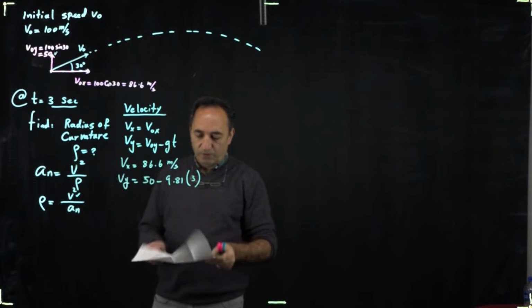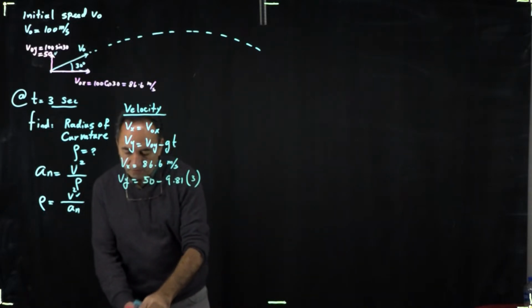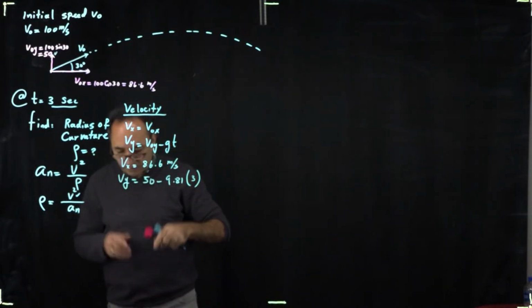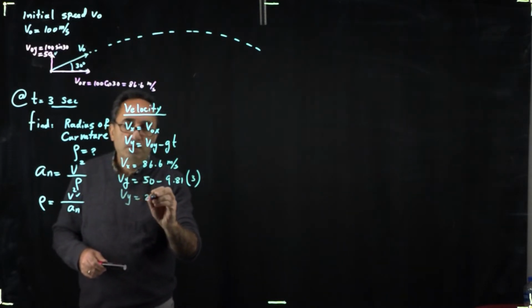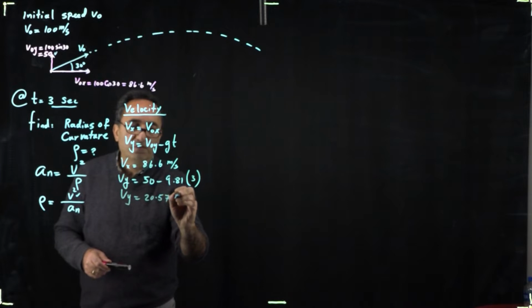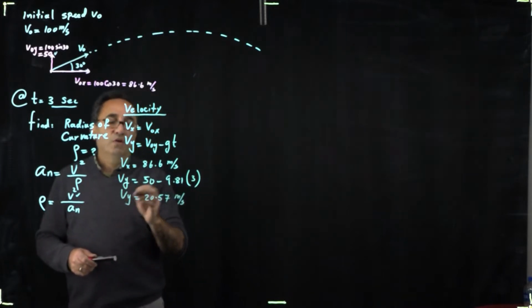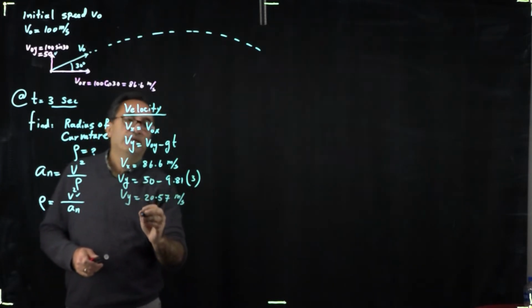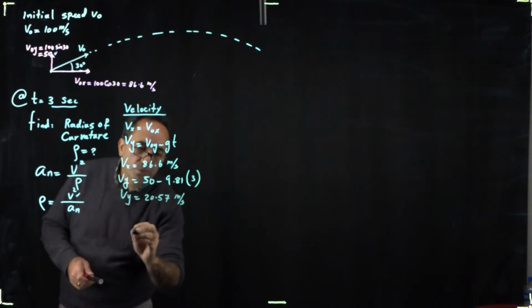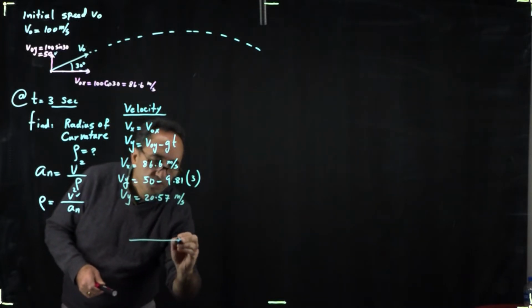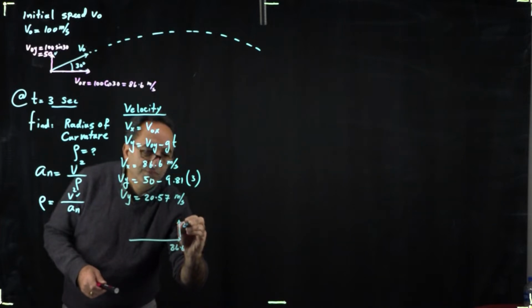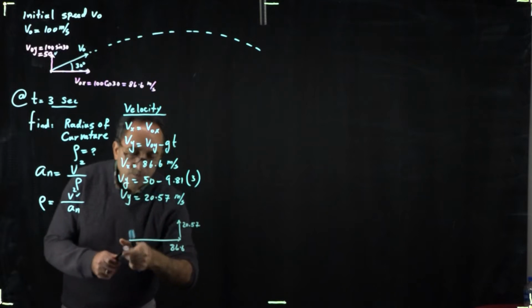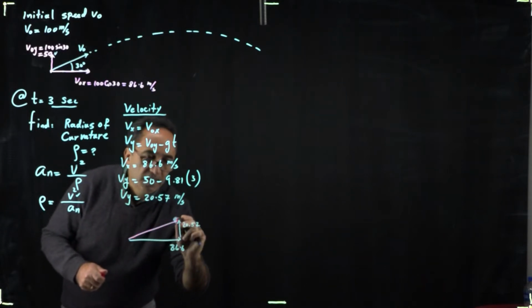It turns out that the y component happens to be a little bit more than 20.57 meters per second. So now you have the x component, which is 86.6, and the y component, which is about a fourth of that. So this would be your velocity at that instant.